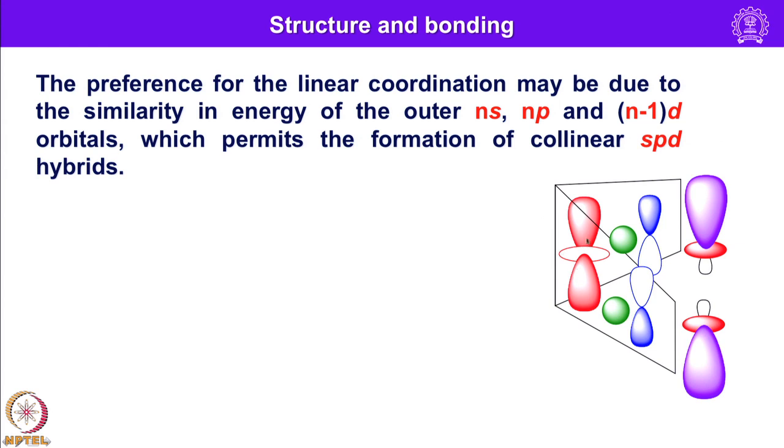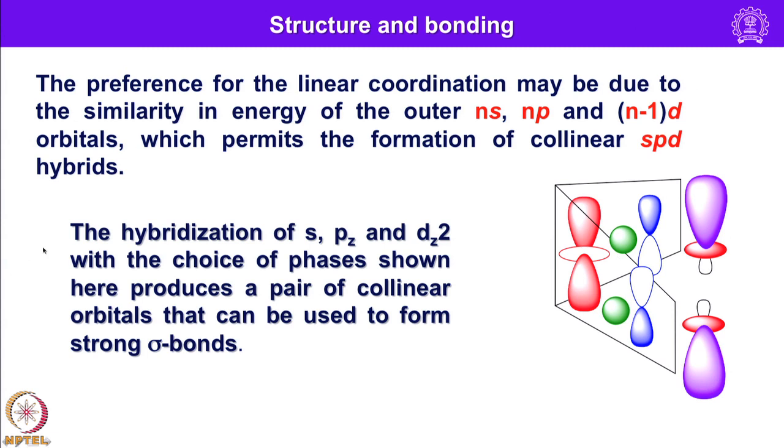This is dz square, this is s and this is the pz orbital. They combine together to form two spd hybrid orbitals. So, the hybridization of s, pz and dz square with the choice of phases shown here produces a pair of collinear orbitals that can be used to form strong sigma bonds.